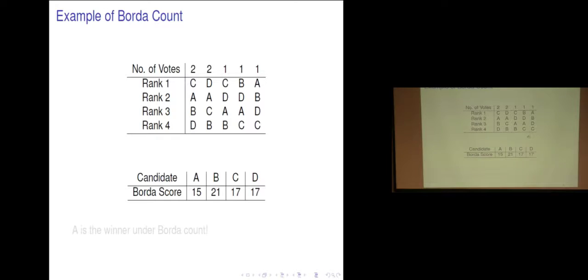Now, how many person put A as the second choice? So here you have 2, right? First column provide 2. Second column also provide 2. So there are 4 person choose A as the second preferred person, right? So you get 4 times 2, that's 8, right? So we get 9 for the first 2 rows.